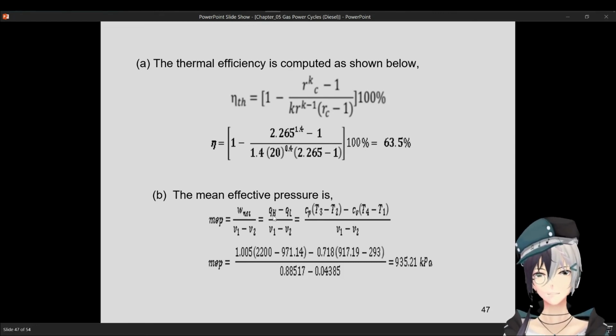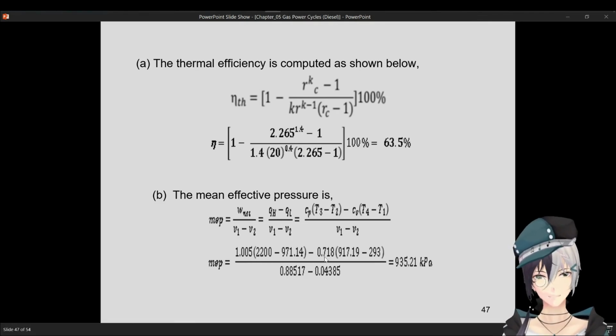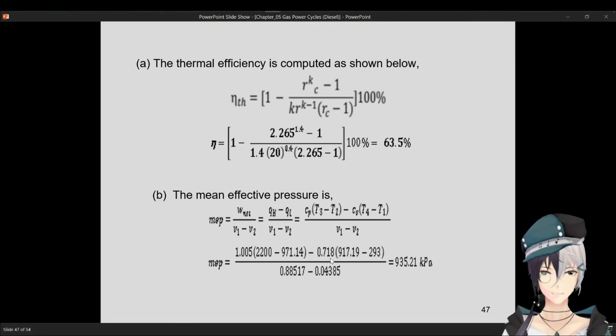So worknet is simply QH minus QL. So he solved for the temperatures. Then CP and CV, specific heat at constant pressure and constant volume. So that is given 1.005 and 0.0718.